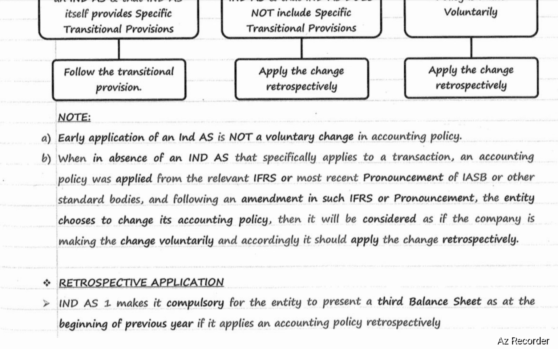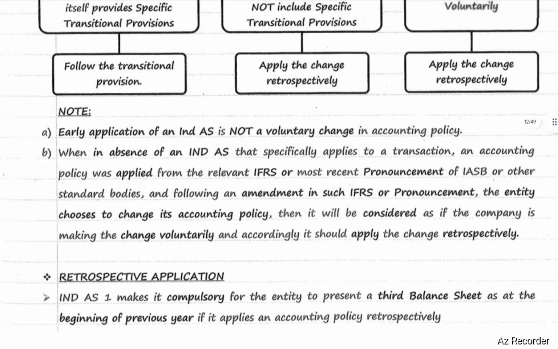When in absence of an Ind AS that specifically applies to a transaction, an accounting policy was applied from the relevant IFRS or most recent pronouncements of International Accounting Standards Board (IASB) or other standard bodies, and following an amendment in such IFRS or pronouncement, the entity chooses to change its accounting policy, then it will be considered as if the company is making the change voluntarily, and accordingly, it should apply the change retrospectively.